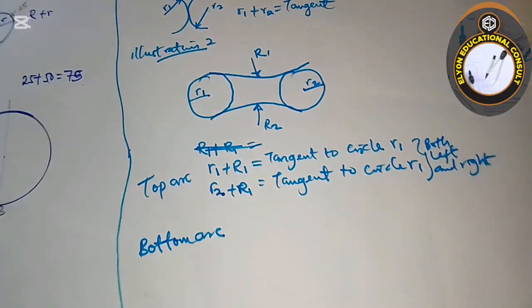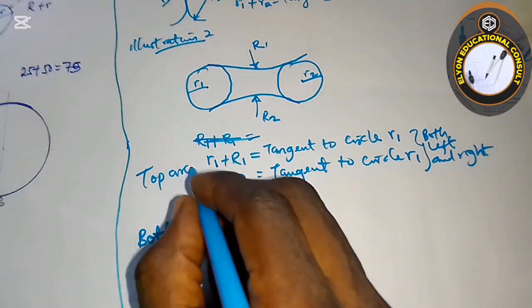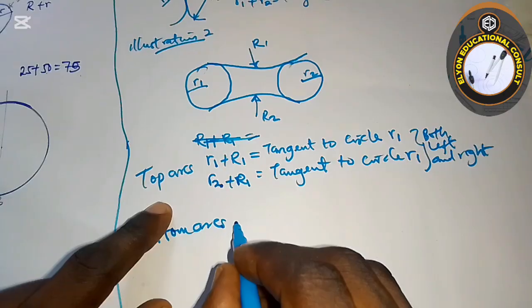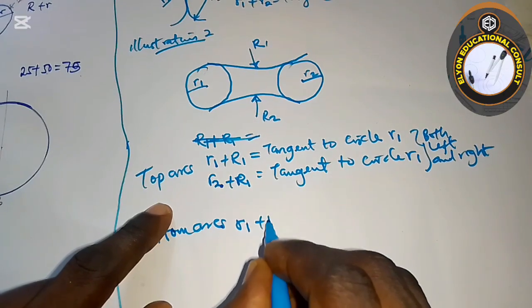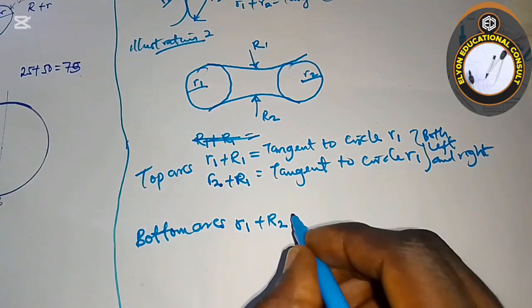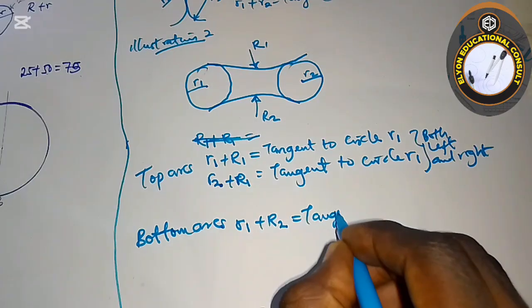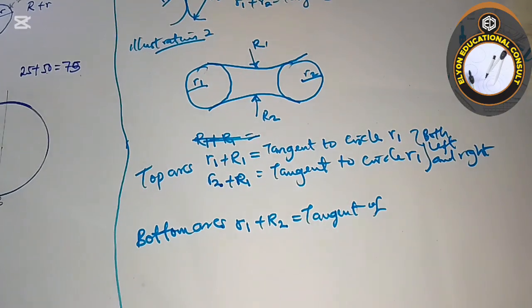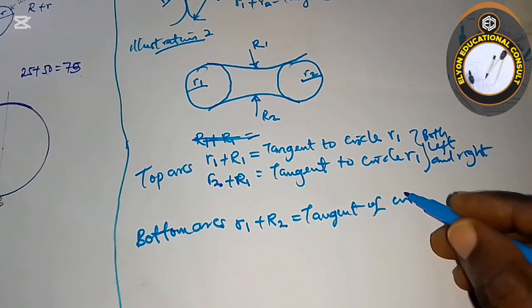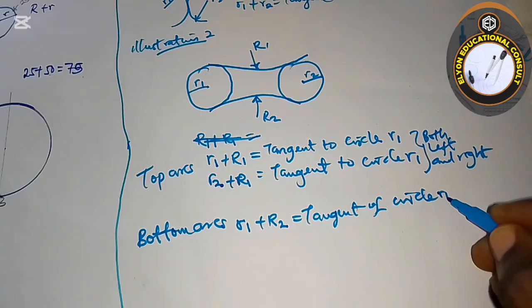arc, so this is the top arc, and for the bottom arc we say R1 plus R2, which equals the tangent of circle R1.